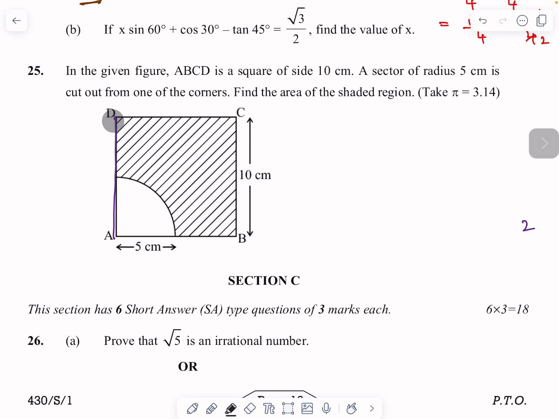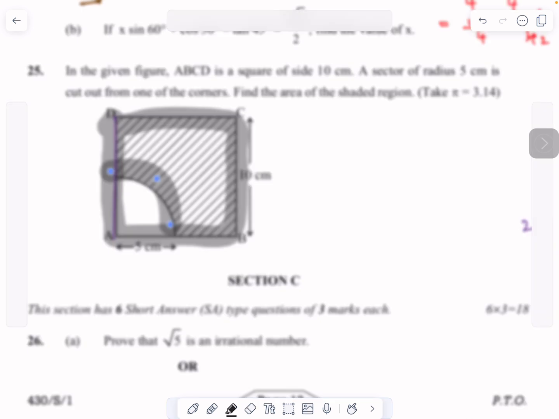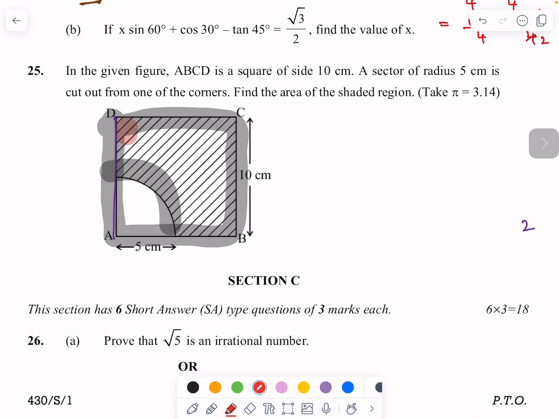From this you subtract this sector. Then you will get the shaded region, this part you will get.